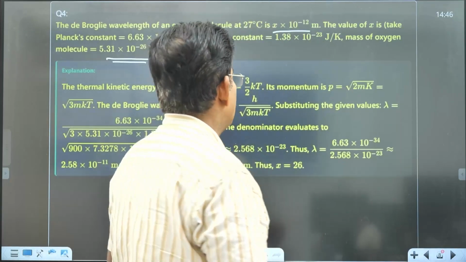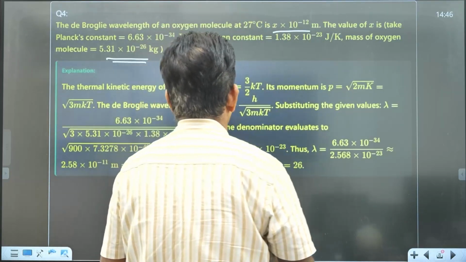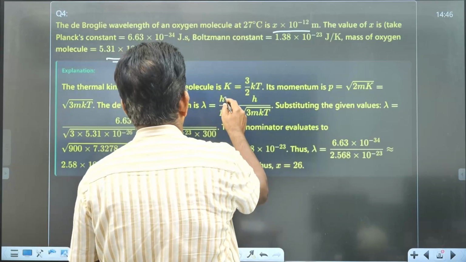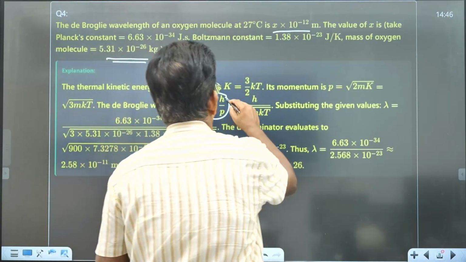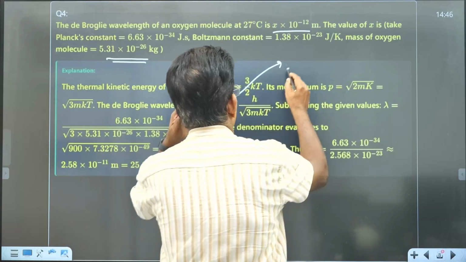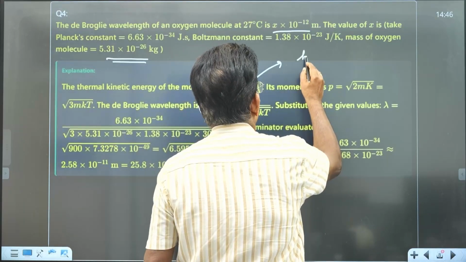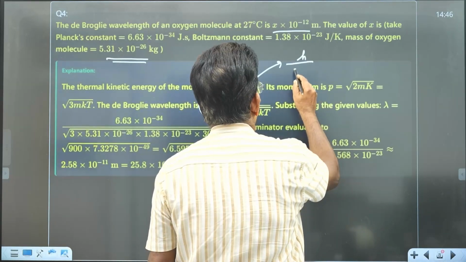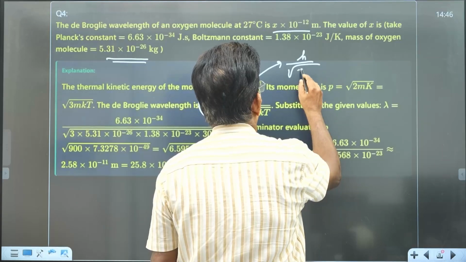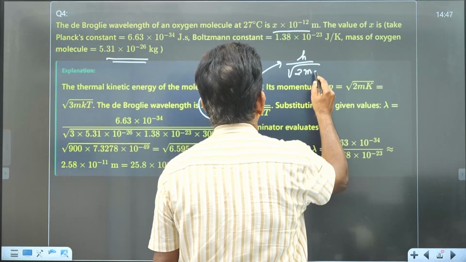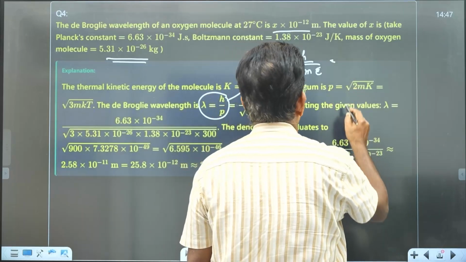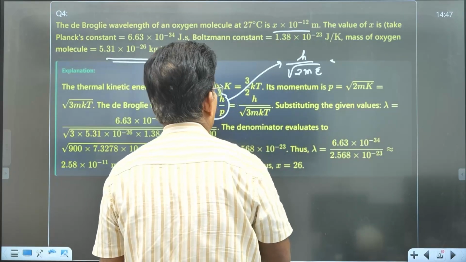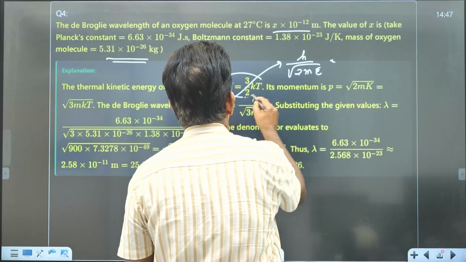So we start from the De-Broglie wavelength formula, that is h by p, h by momentum, isn't it? So h by p, that is h by mv or h by root of 2mE. For a particle, energy E can be given by 3 by 2 kT.